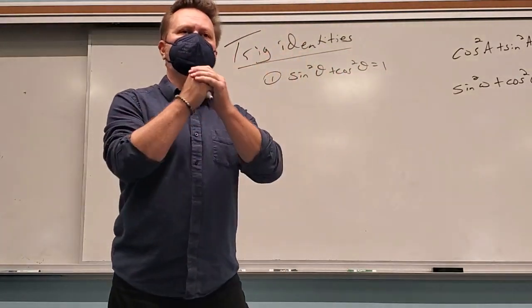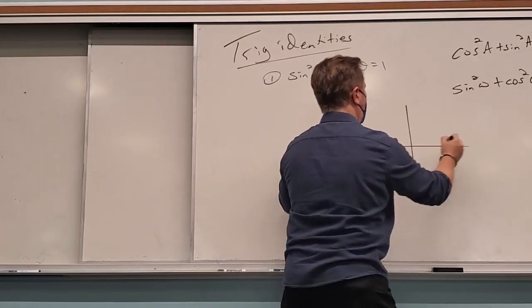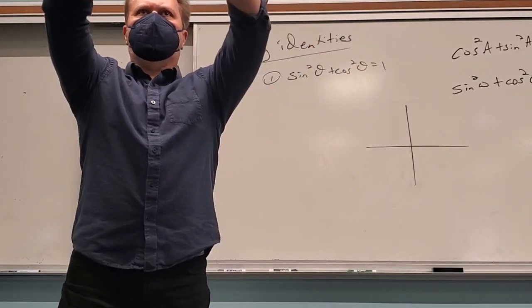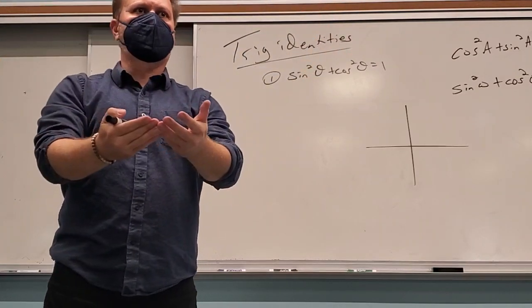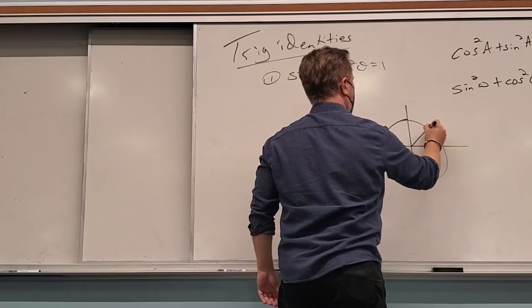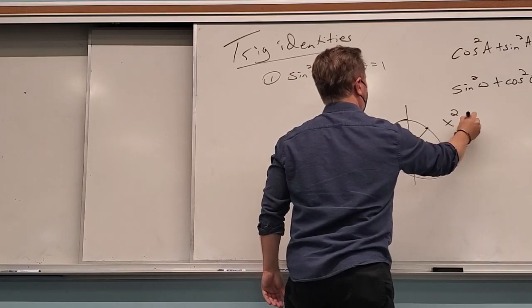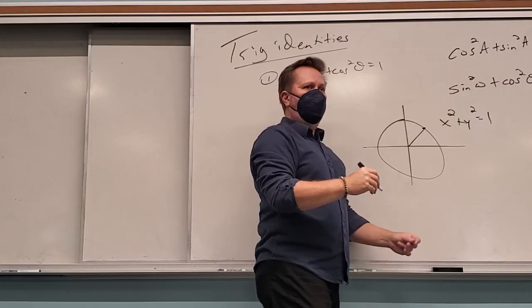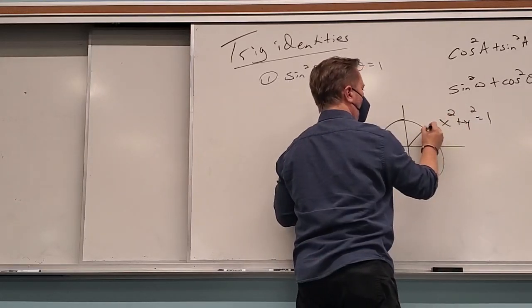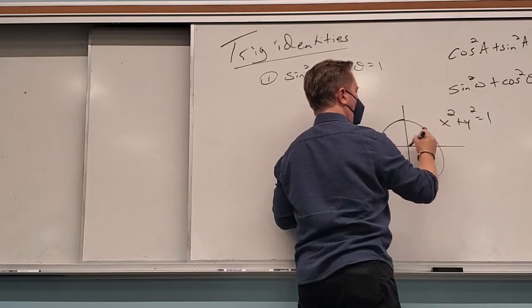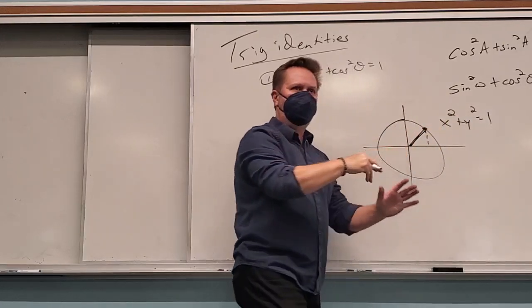And why does that matter? Where did trig functions kind of live when we first created them? Where do we really get them from? We get them from the unit circle, correct? The equation of the unit circle is this. In order for this equation to be true, the x piece and the y piece have to come from the same triangle that's in there.